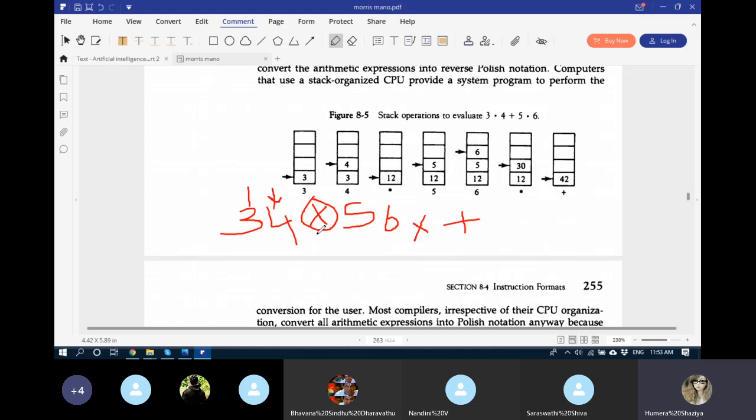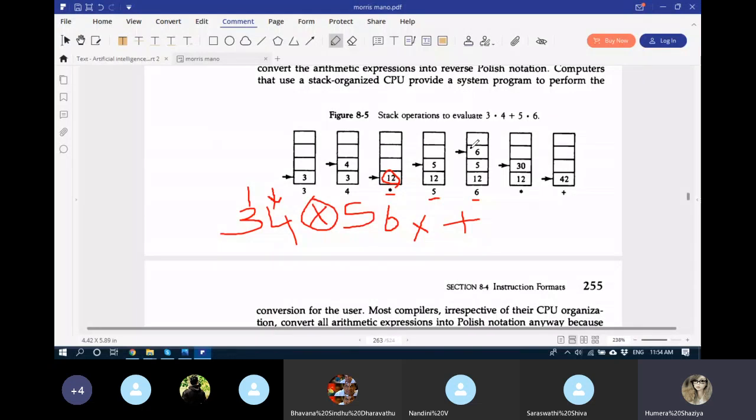Pop 2 elements, perform that operation, and push the result into the stack. So you got here 12, when it encounters asterisk. Then comes 5. 5 means operand. Operand means push. 6 is also an operand.